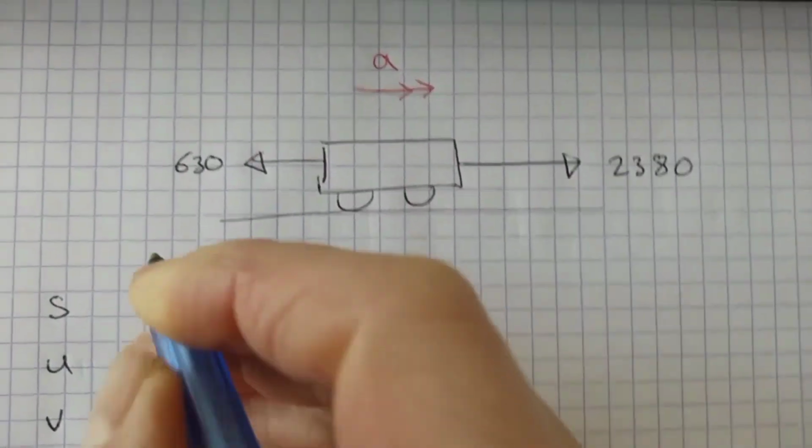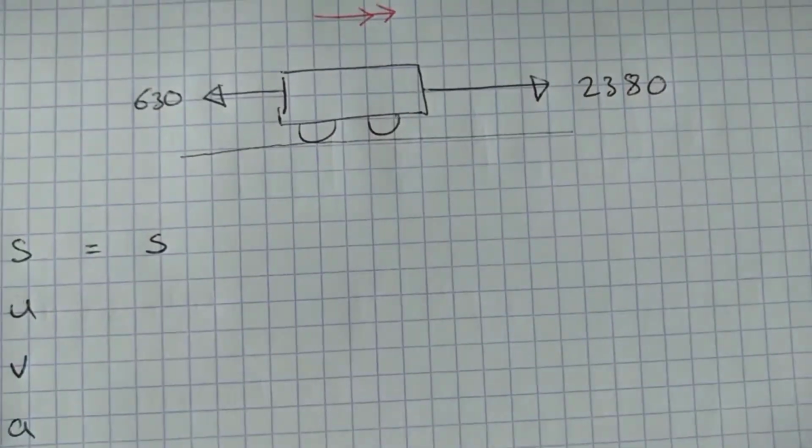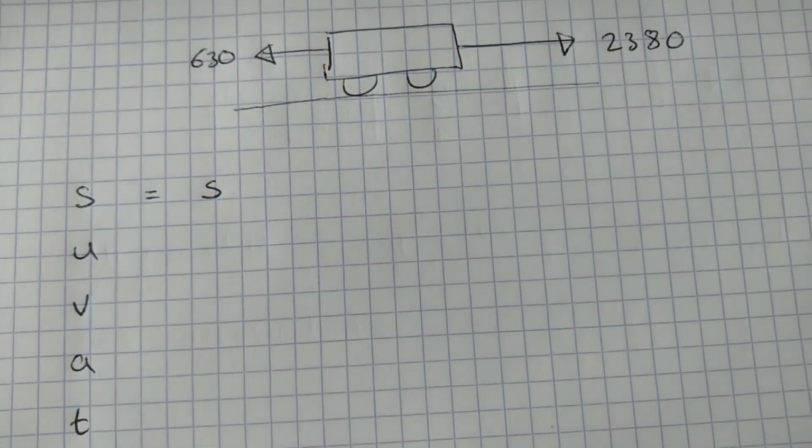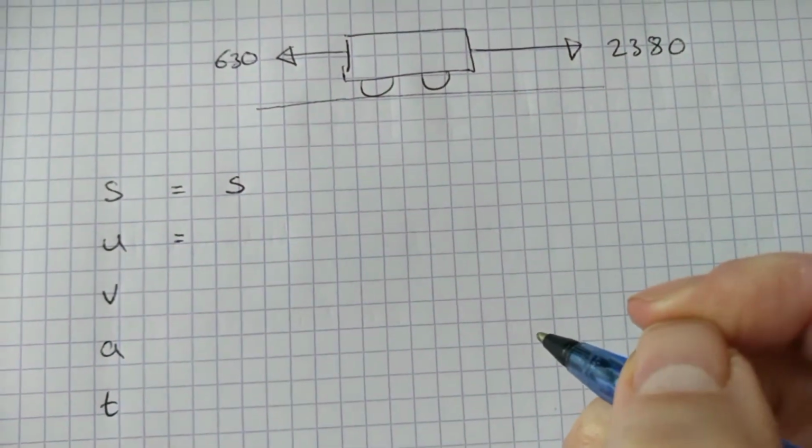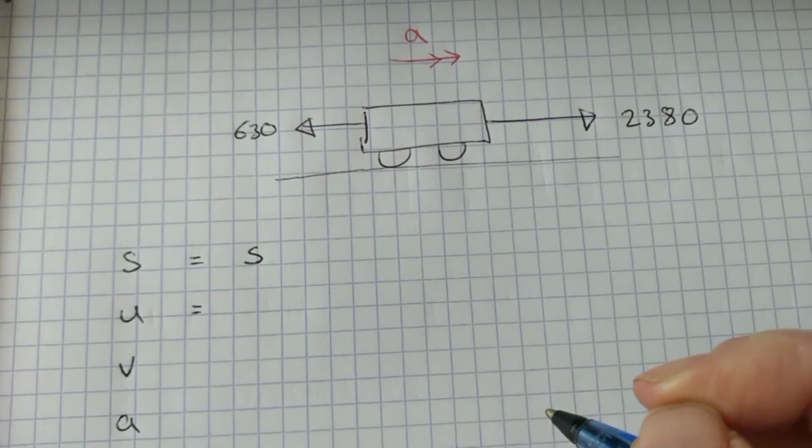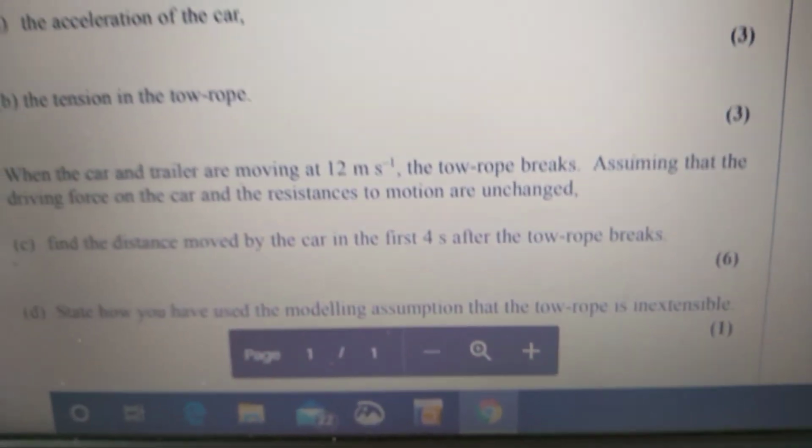U, the initial velocity, so are we given that? Well, yes we are. If we have a quick squint back in here, when the car and trailer are moving at 12 meters per second, the tow rope brakes.